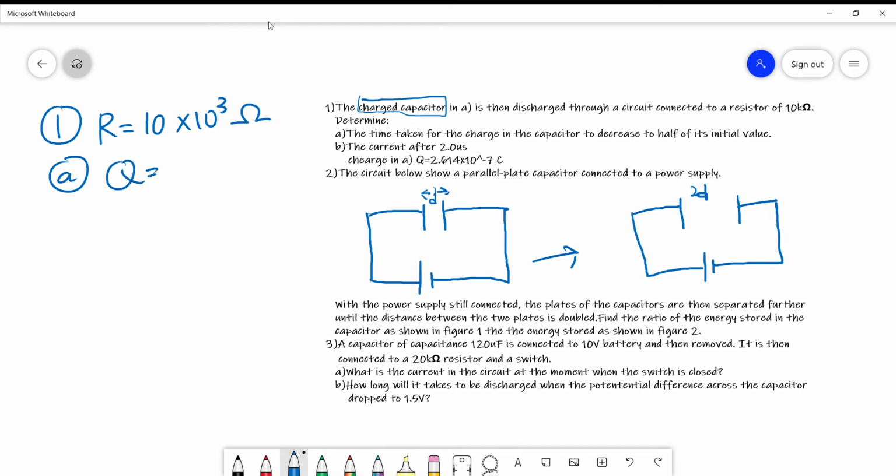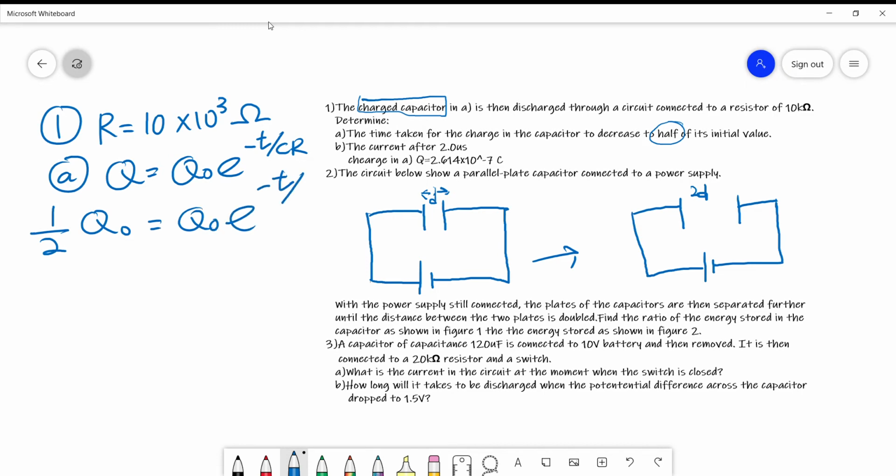The formula for the discharging circuit will be Q naught multiplied by e to the power of negative t over CR. Half of its initial value means one over two Q naught.